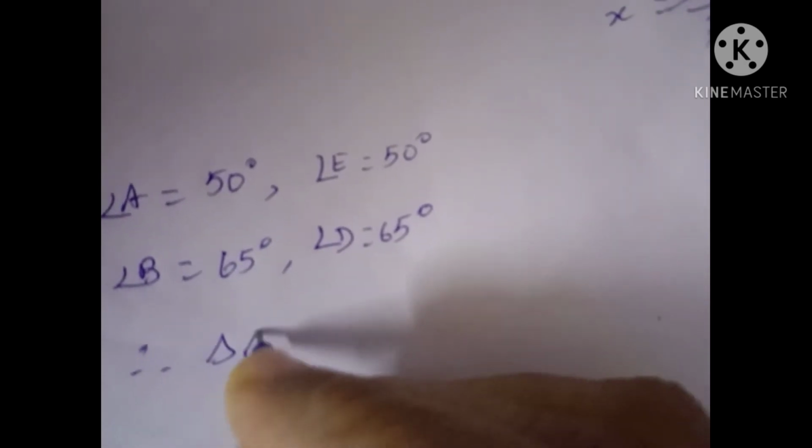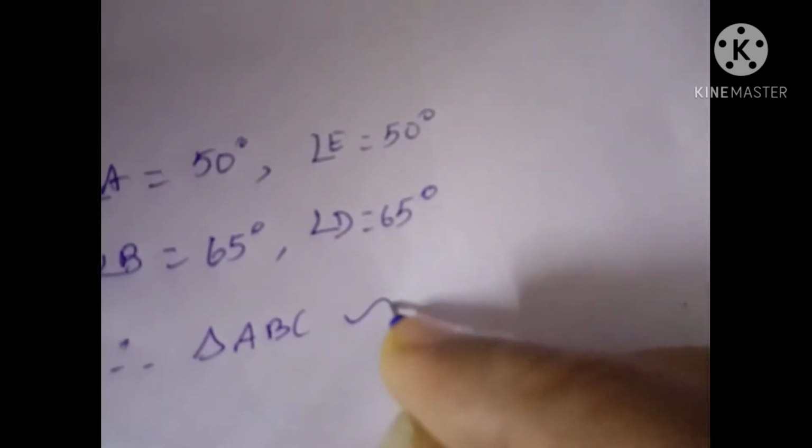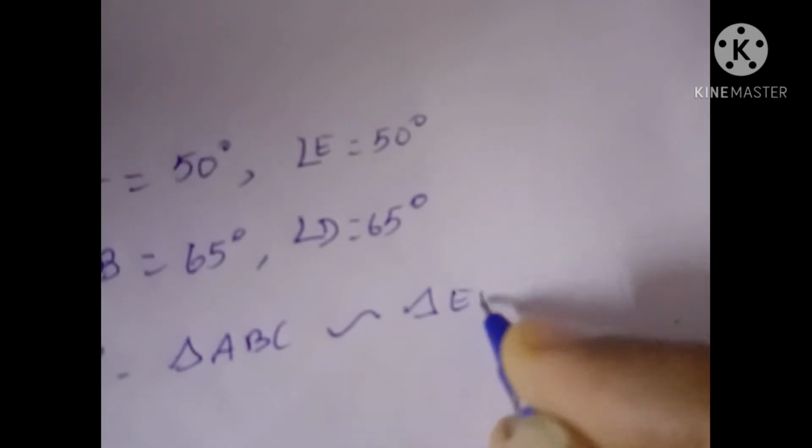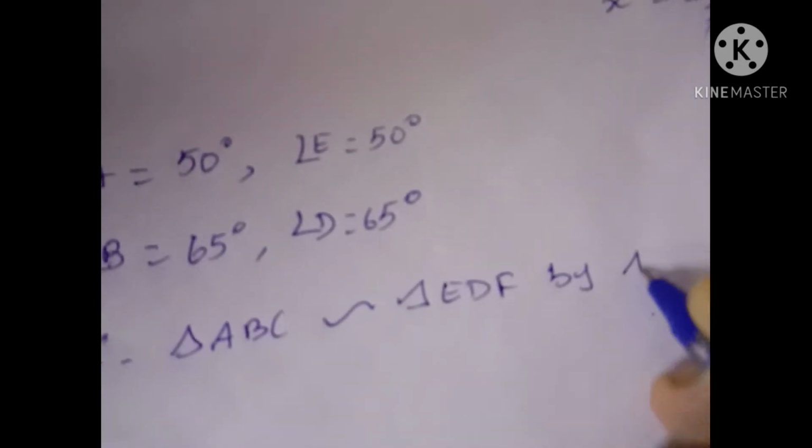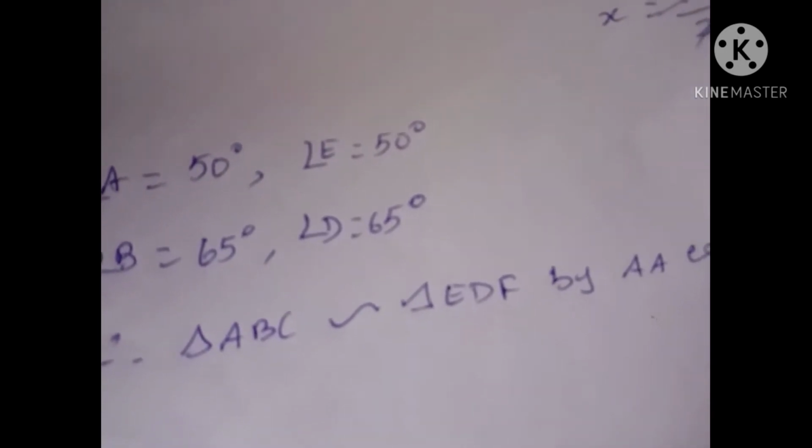Therefore, triangle ABC is similar to triangle EDF by AA criteria.